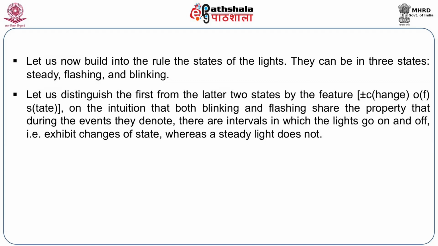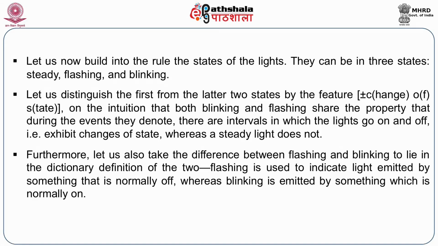That is, they exhibit change of state, whereas a steady light does not. So let's also postulate another feature, which is plus/minus on. Flashing is used to indicate a light which is normally off, whereas blinking is something which is normally on.